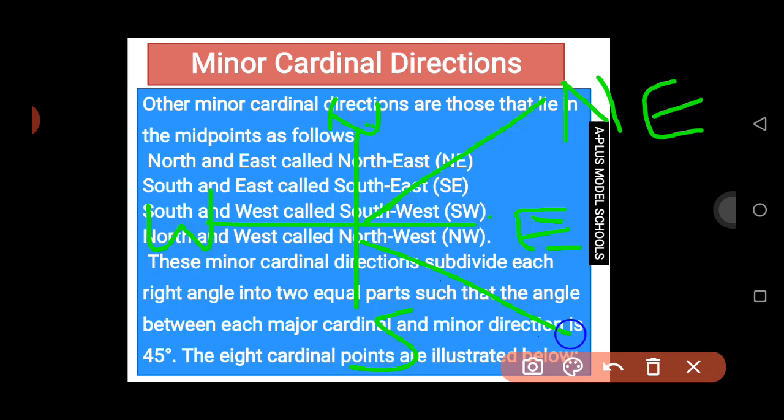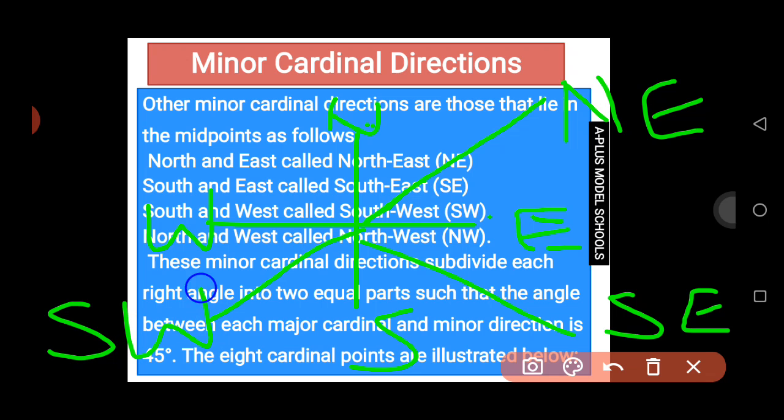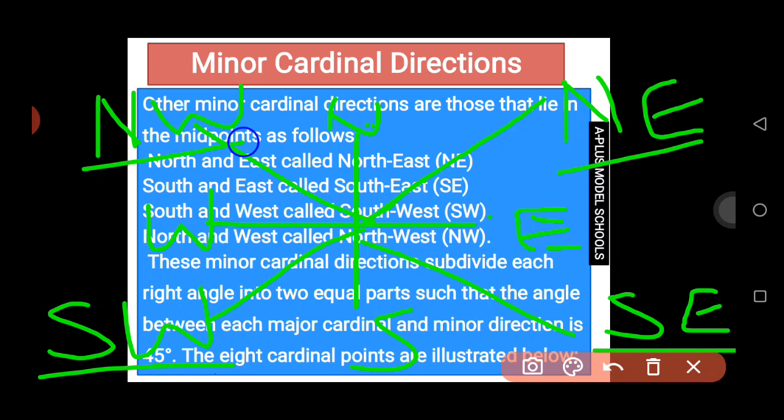Also, this direction comes out between the south pole and the east. This direction comes out between the south and the west. This direction comes out between the north and the west. So these are the four minor cardinal directions that we have, which are northeast, southeast, southwest, and northwest. These are the four minor cardinal points, where north, east, south, and west are the major cardinal directions.